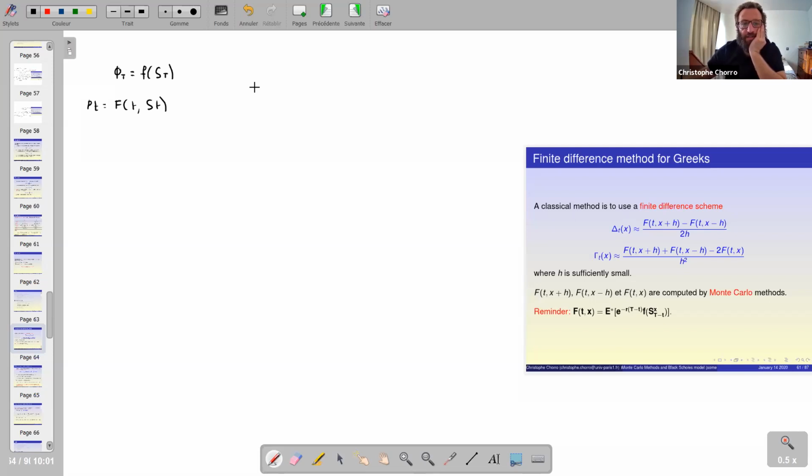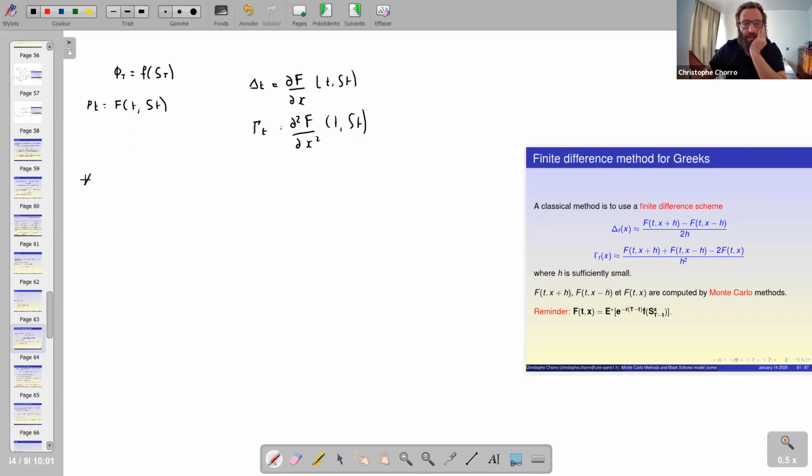We have seen that the delta is equal to the derivative of the price with respect to the second variable at time t, St, and the gamma is given by the second derivative of the price function with respect to the second variable, time t, St.